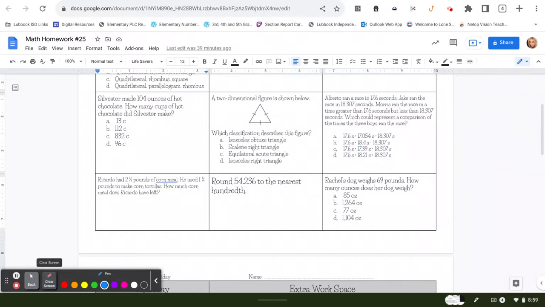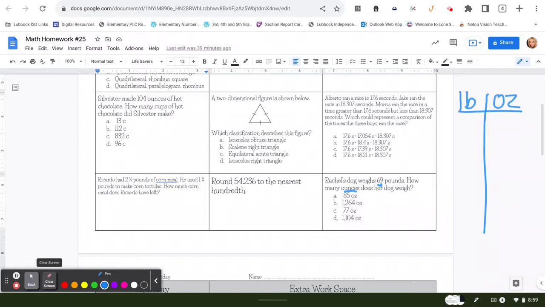Next, Rachel's dog weighs 69 pounds. How many ounces does her dog weigh? You need your star reference sheet. We're going to make an input-output table. I'm going to look at weight and capacity because it's pounds to ounces, and I can see that pounds are greater than ounces.